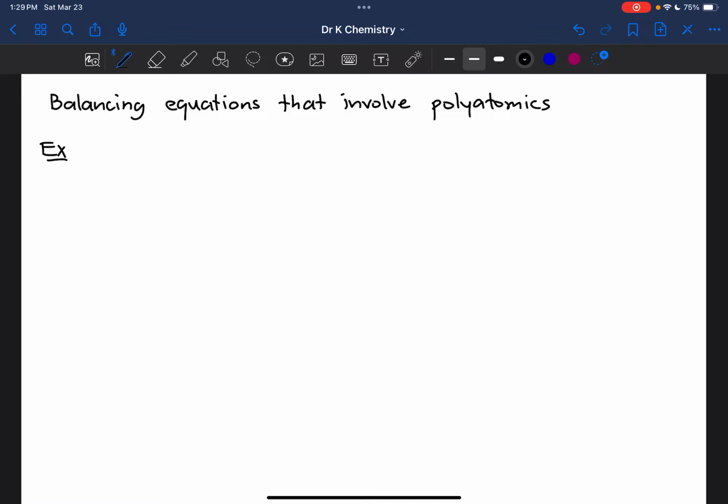And here is an example. So let's say that we have sodium phosphate reacting with magnesium chloride to produce magnesium phosphate and sodium chloride.